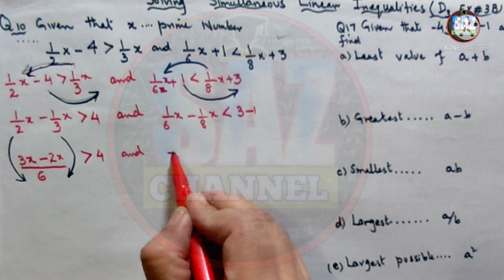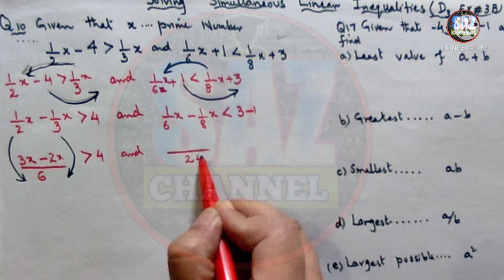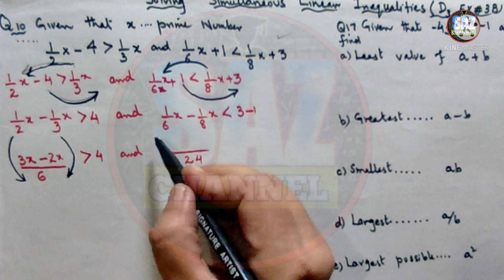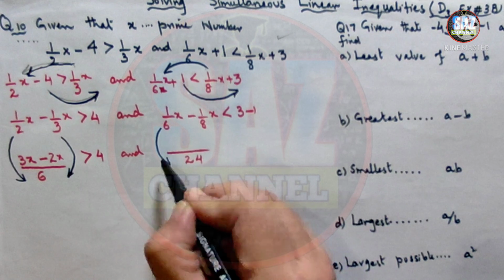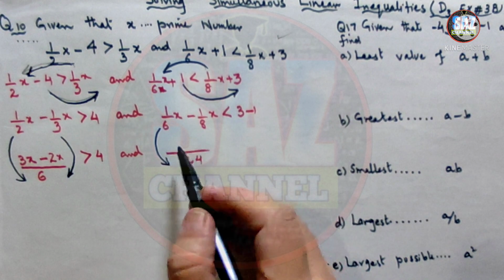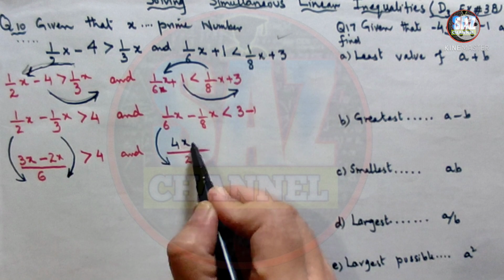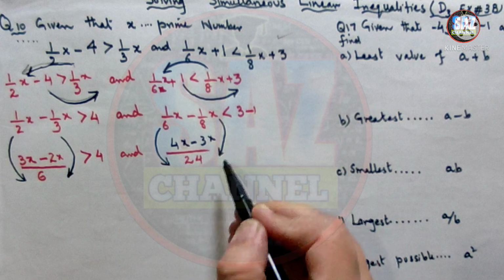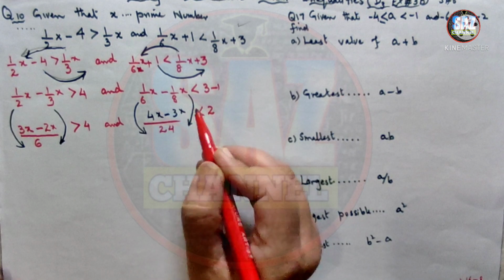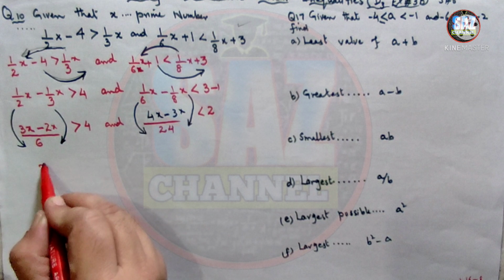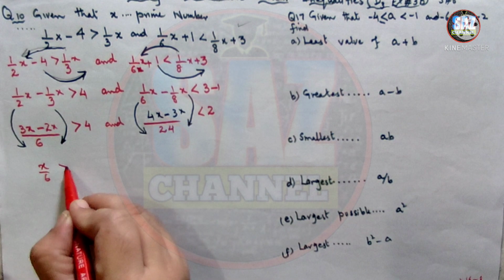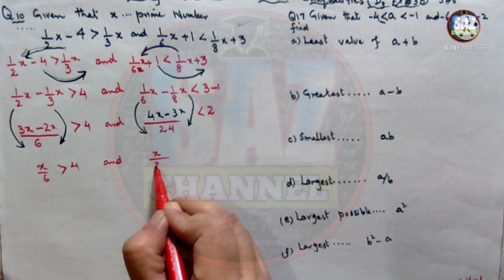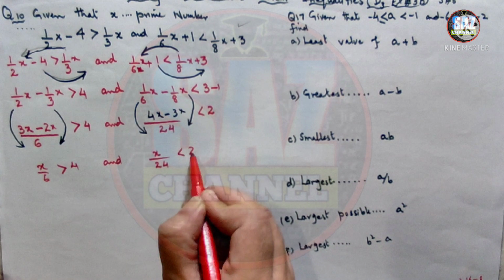So LCM is 24 for the second situation, and then we have to go back to each fraction one by one and see what is the deficiency of each fraction. 6 4s are 24, this is 4x minus 8 3s are 24, which is 3x, is less than 2. Then this will give me x over 6 is greater than 4 and x over 24 is less than 2.